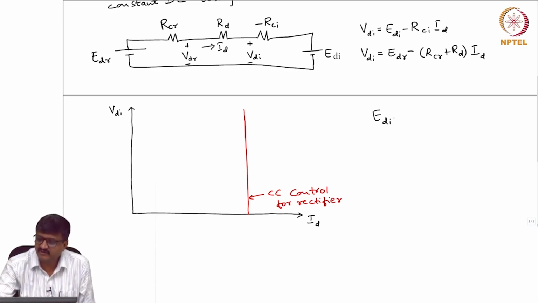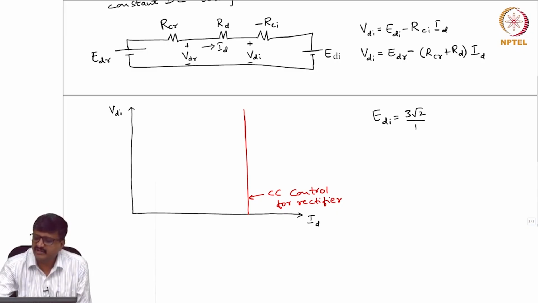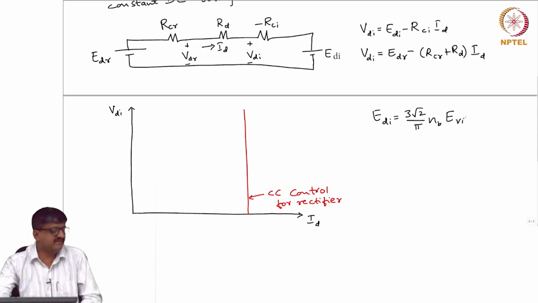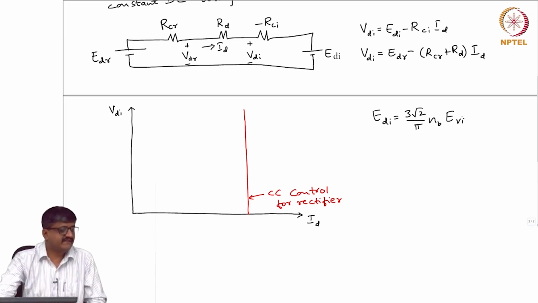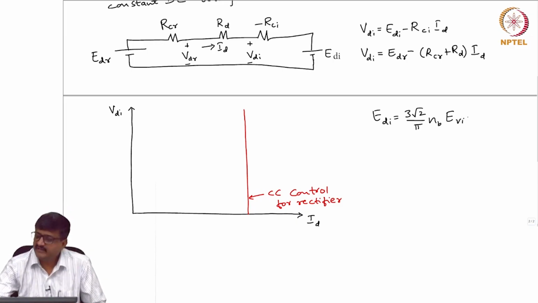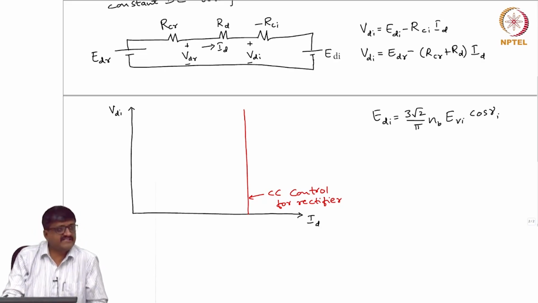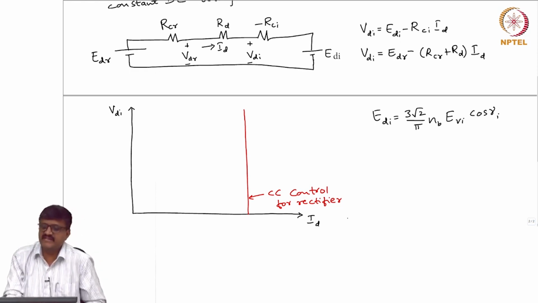If you recall, we got the expression for EDI as 3 root 2 by pi into NB into EVI into cos gamma I. 3 root 2 by pi is a constant, NB is the number of bridges, and EVI is the RMS value of the bus voltage on the AC side of the inverter. If EVI is assumed to be constant, and gamma I is constant by constant extinction angle, then EDI is a constant.